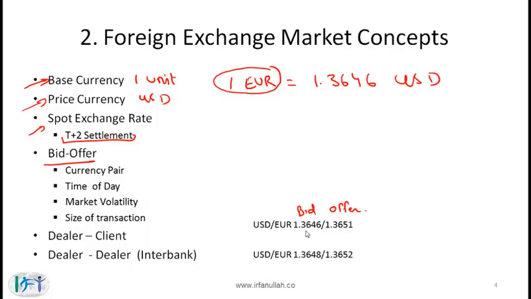So if you go to an FX dealer, in this example, the FX dealer will buy euro from you at 1.3646, and then if someone else comes to that dealer, the dealer will sell at 1.3651. This spread between the bid and the offer is how the dealer makes money.